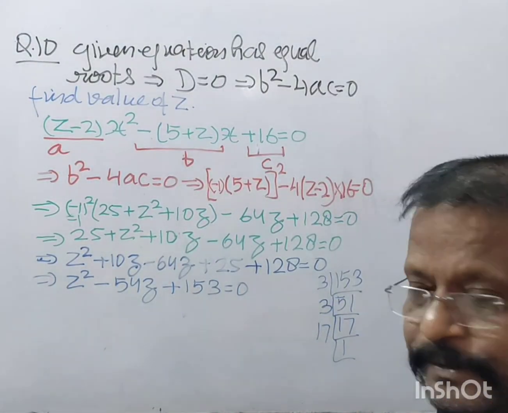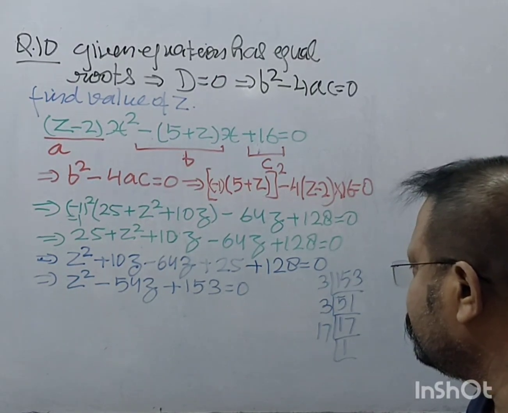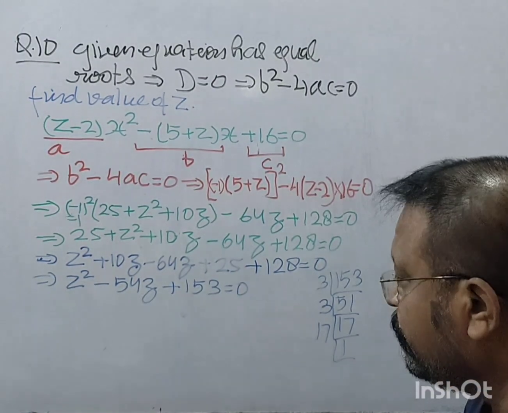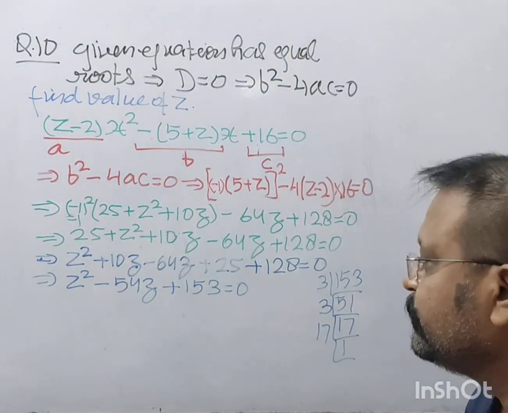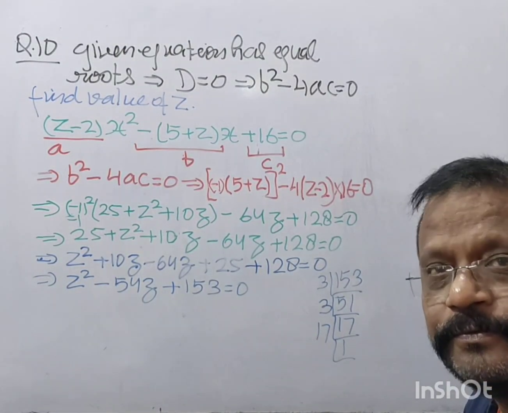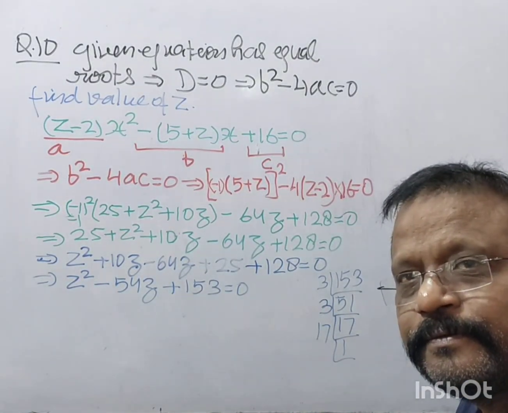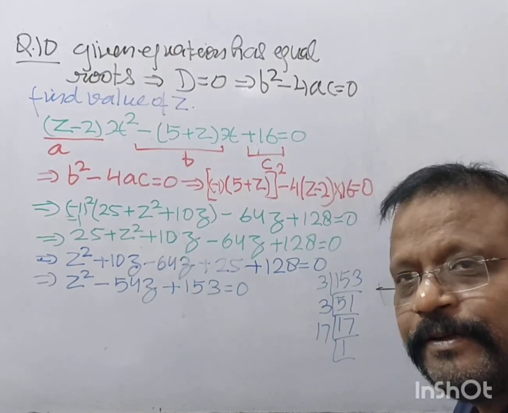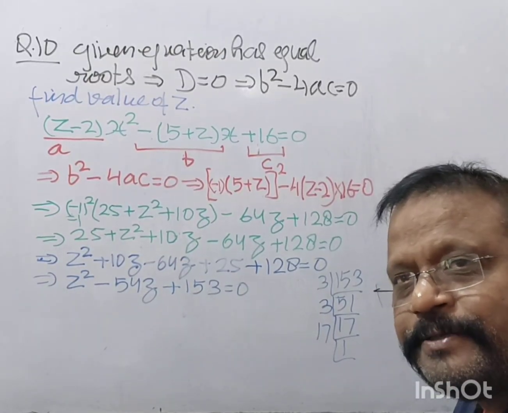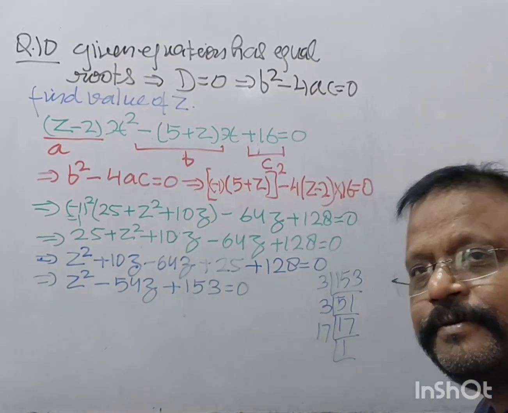Now, 3 times 51 is 153, and 51 plus 3 is 54.